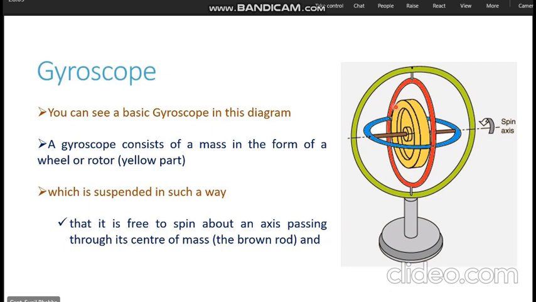The rotor can spin around the spin axis clockwise or anti-clockwise because of these ball bearings. Also, you will note that this brown rod, or the spin axis, is fitted in such a way that it passes through the center of mass of the rotor and is perpendicular to the plane of the rotor. The plane of the rotor is represented by the yellow part, and perpendicular to the plane, you see this brown color rod, which is the spin axis.